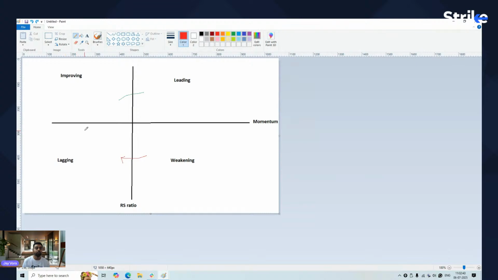Okay, now which are the two setups which are actually very good and can help you make money? One is something like this happening. The stock has gone from leading to weakening, and then you see the momentum turn around.